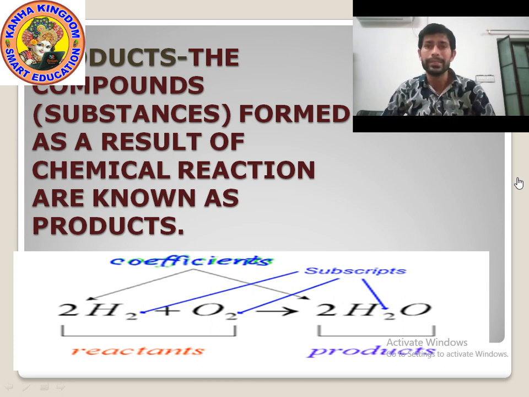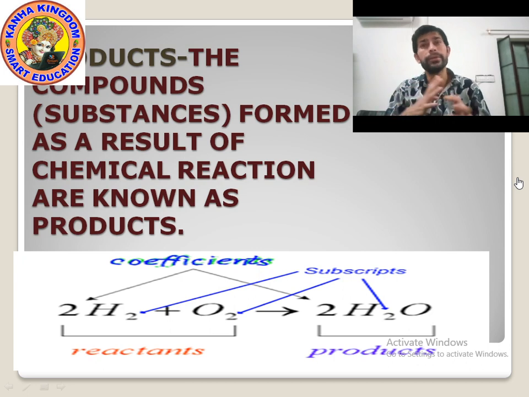So, you can see on the screen the example of formation of water, when H2, hydrogen, reacts with O2, oxygen, then they form H2O, water. So H2 is reacting with O2, so both are reactants.